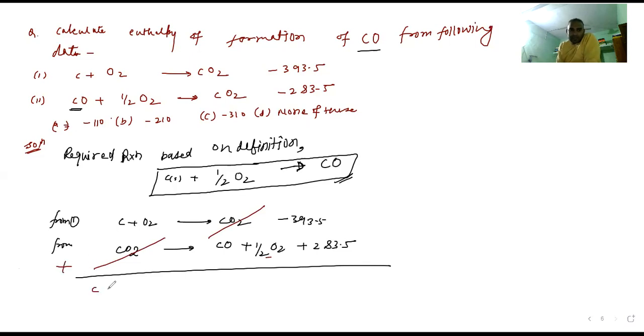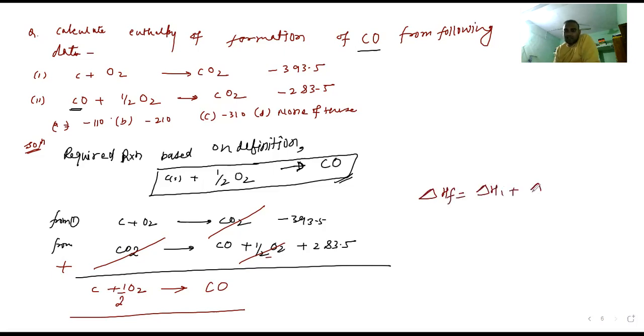C plus O2 and the half O2: one O2 minus half leaves half O2. So C plus 1/2 O2 gives CO. The enthalpy of formation will be delta H1 plus delta H2. This is according to Hess law.